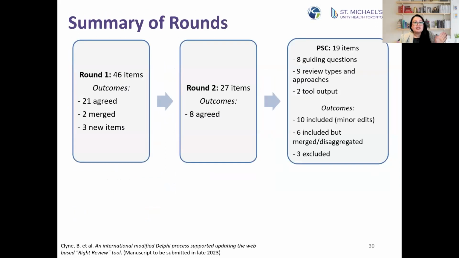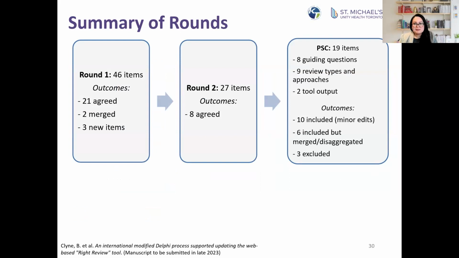To summarize across the different Delphi rounds, 21 of 46 items reached high agreement in round 1, with 3 new items suggested from comments. So this meant that 27 items were presented in round 2, with 8 that were agreed on.